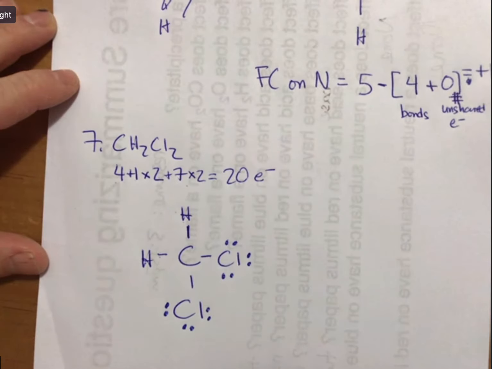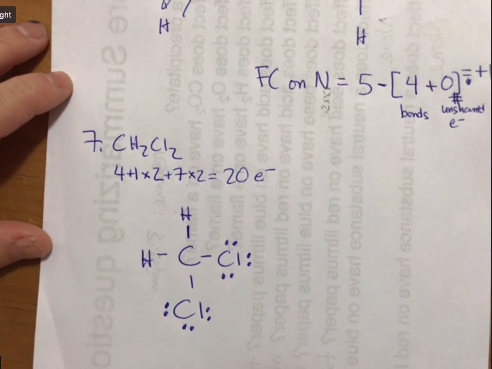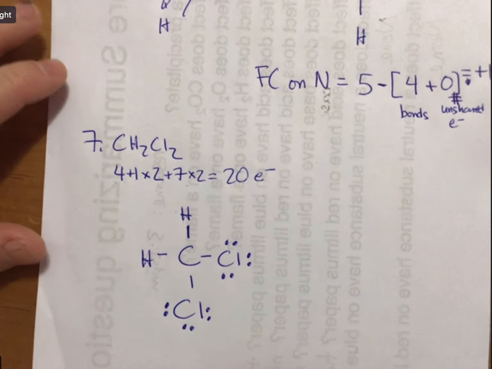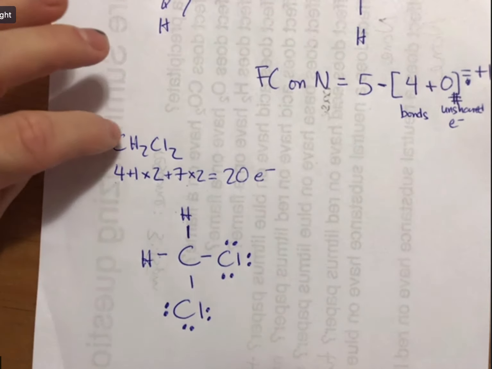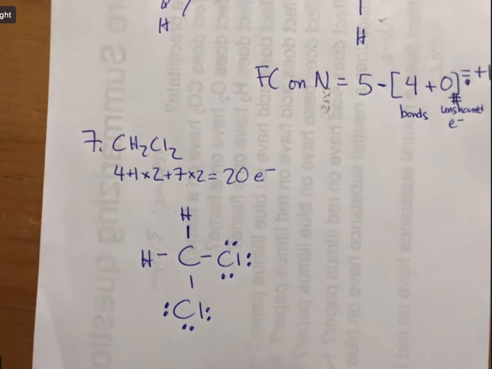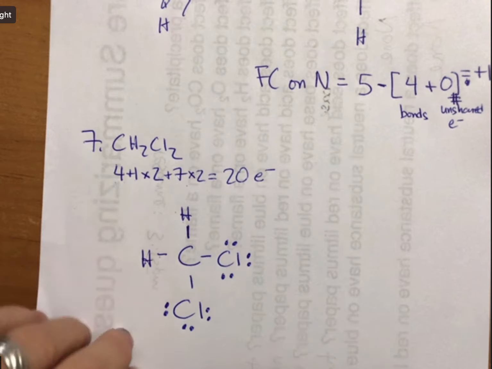And I've hit exactly 20, and every atom that needs an octet has one. And this is the complete Lewis structure for CH2Cl2. Jump in anytime if you have any questions.